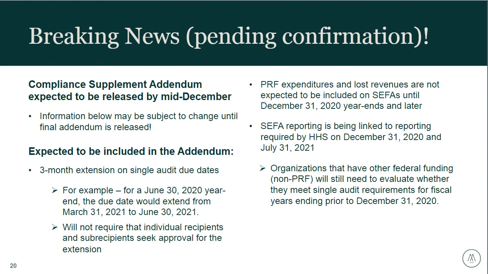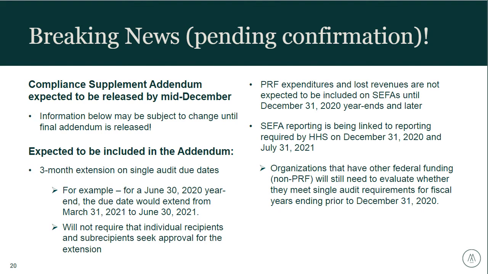The other big change is the timing of the single audit requirements for the Provider Relief Fund. Up until this draft of the addendum, we had all understood that for fiscal year ends prior to December 31, 2020, the June year ends and those between them and 12/31, would be the first organizations to have to deal with the Provider Relief Fund being audited as part of their single audit or program-specific audit.